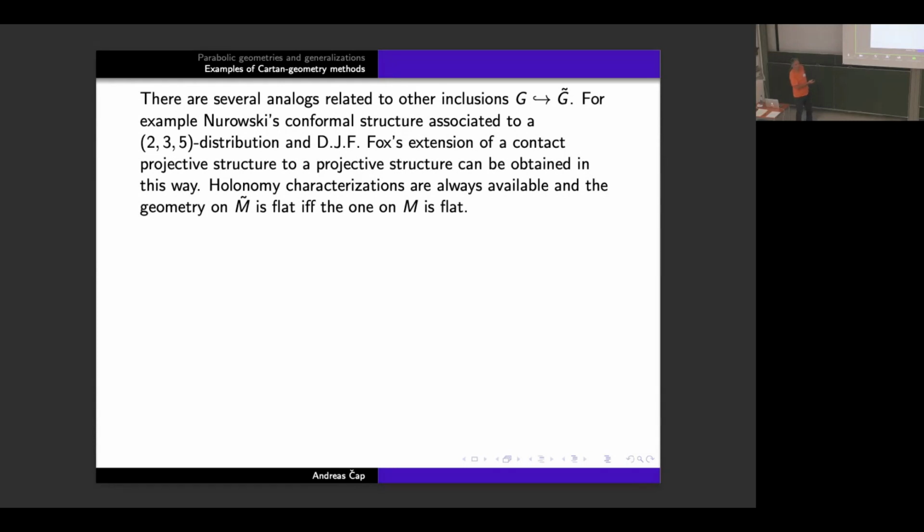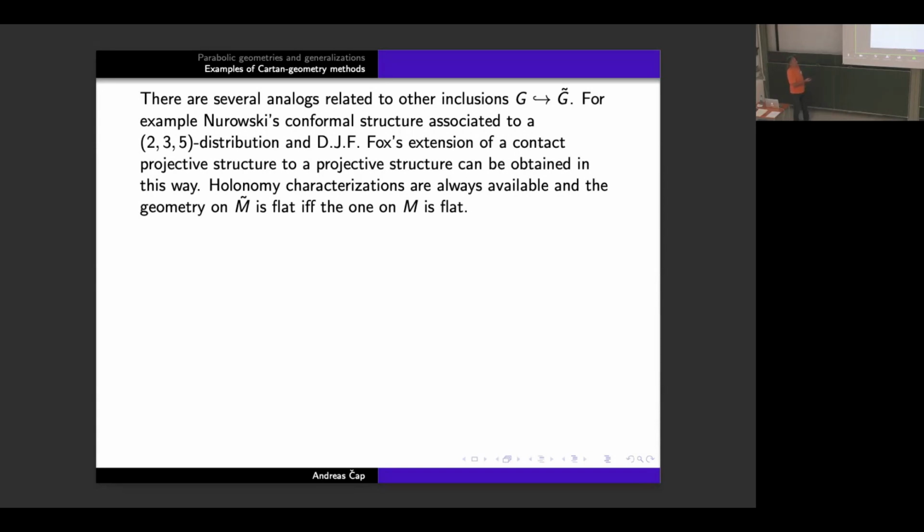For example, you can take the exceptional Lie group of type split G2, and this sits in SO(3,4). So again, you have an SO group, you have split G2. It turns out that split G2 in this case gives rise to these generic 2-3-5 distributions that I was talking about before, so maximally non-integrable rank 2 distributions on 5-dimensional manifolds.